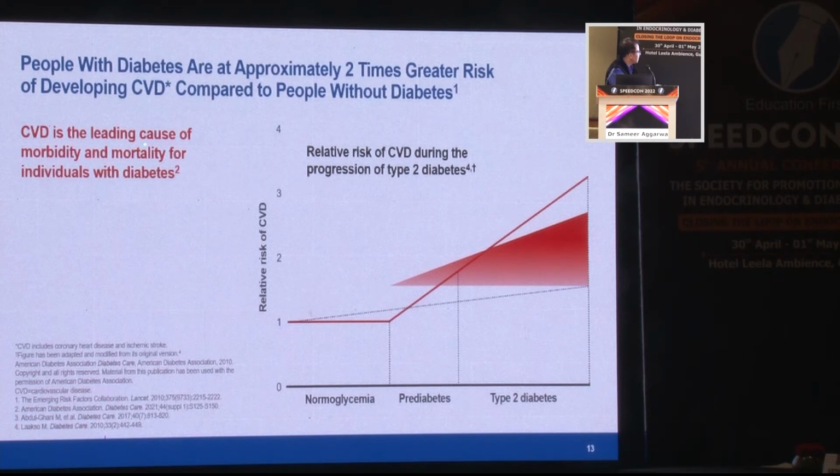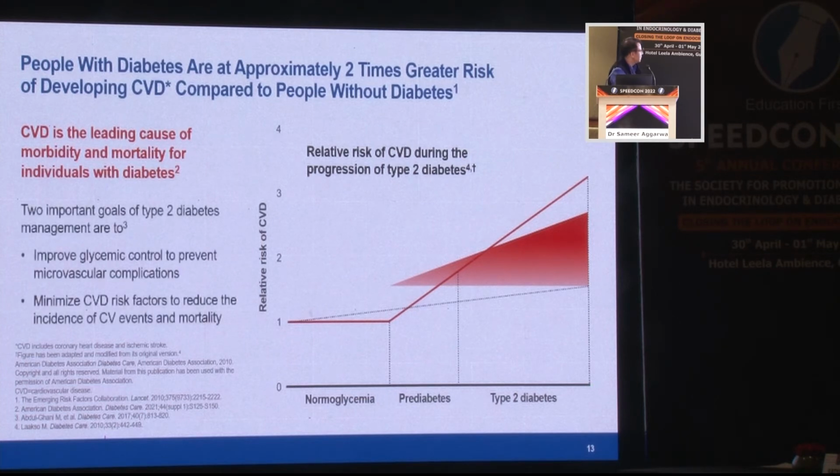So CVD seems to be the leading cause of morbidity and mortality for individuals with diabetes. So important goals in type 2 diabetic management are to improve the glycemic control, minimize CVD risk factors to reduce the incidence of CV events and mortality, and to use those drugs in management of type 2 diabetes which are cardiovascular safe, which have good CV safety data.